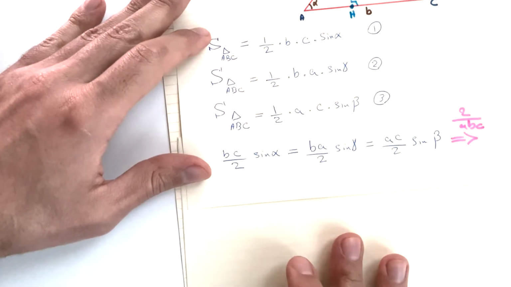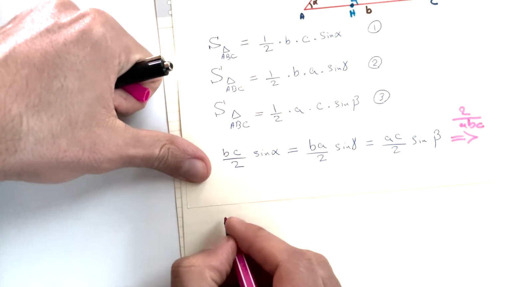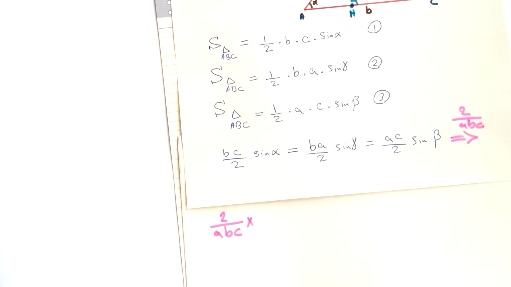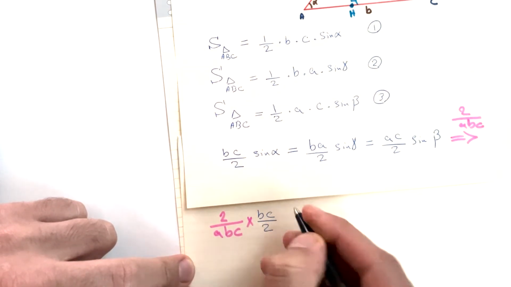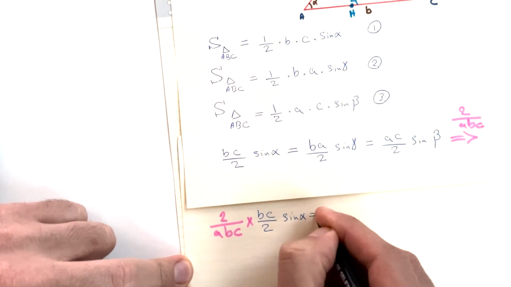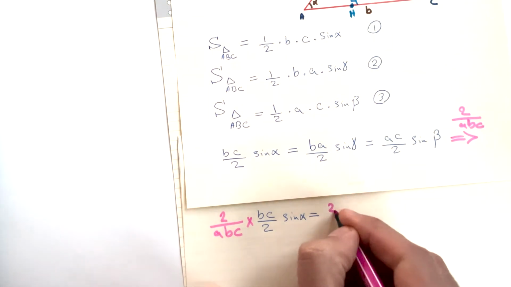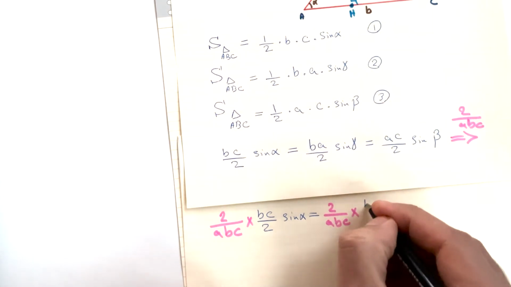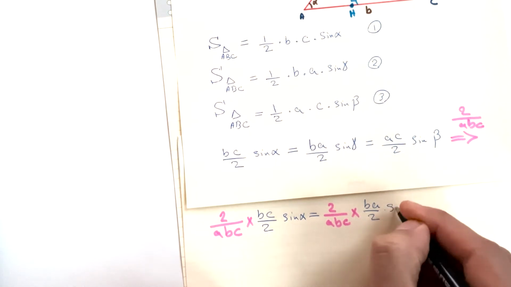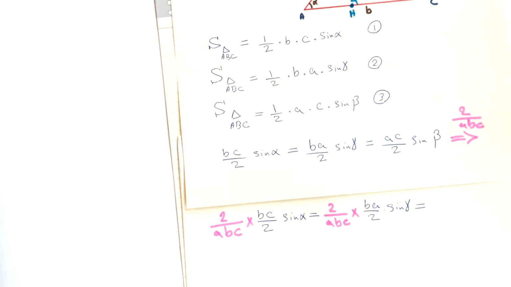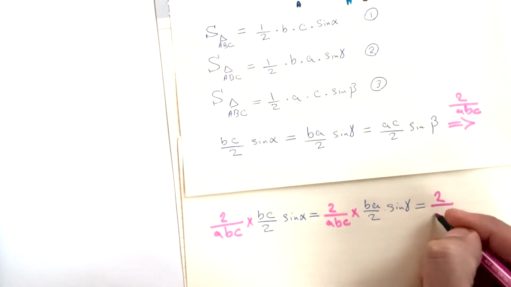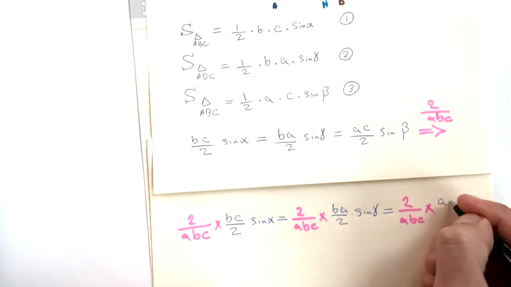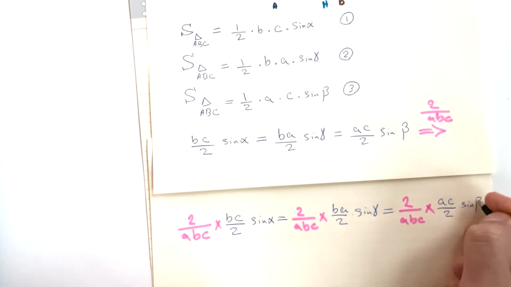In that case, I'll have 2/ABC times BC/2 sine alpha, which is equal to 2/ABC times BA over 2 sine gamma, which will be equal to 2 over ABC times AC over 2 sine beta, right?